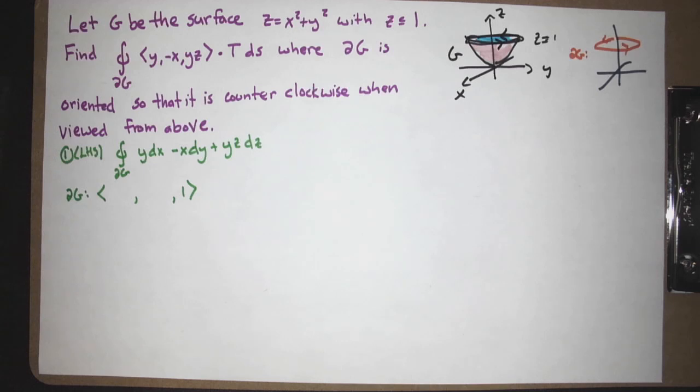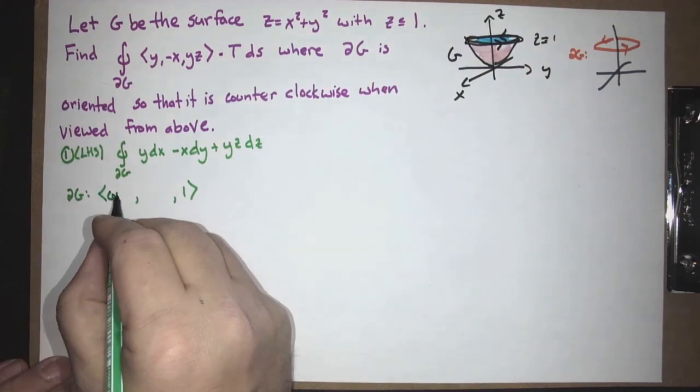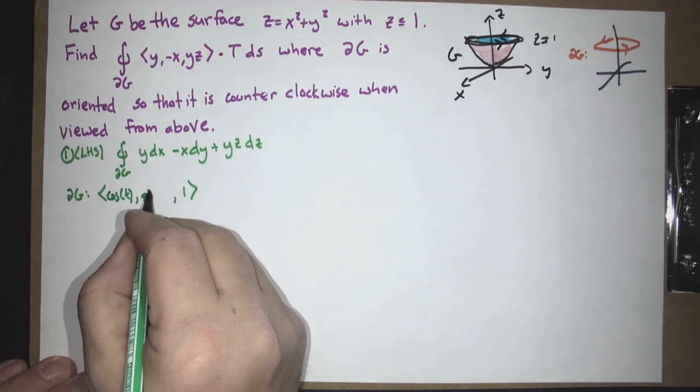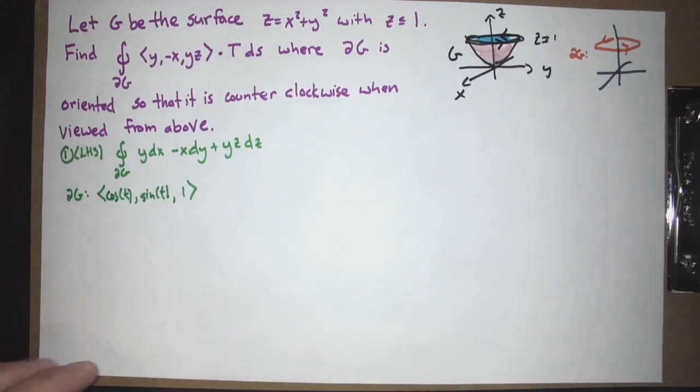So cosine and sine are built-in natural parameterizations for the unit circle in a counterclockwise direction.